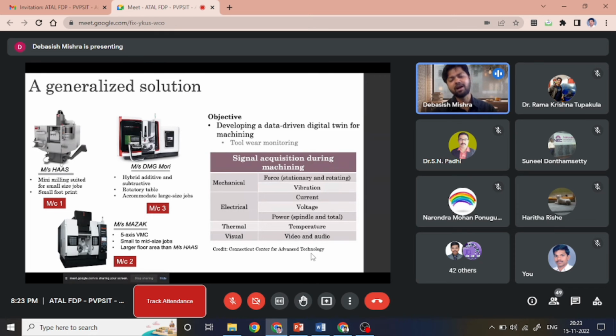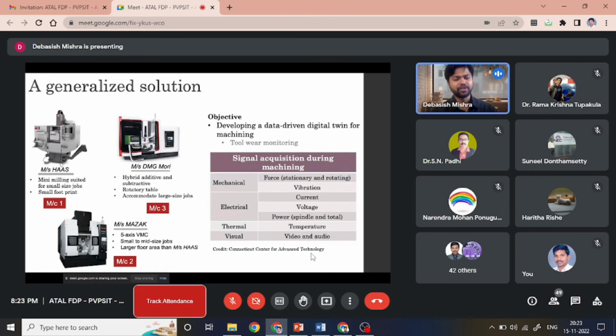The third is a hybrid additive and subtractive manufacturing machine by DMG Mori, mostly for production-type jobs. With all these three, we took different configurations of sensors, like the mechanical sensors: force and vibration. Even the force we collected from a stationary sensor and from rotating sensors like a rotating dynamometer.